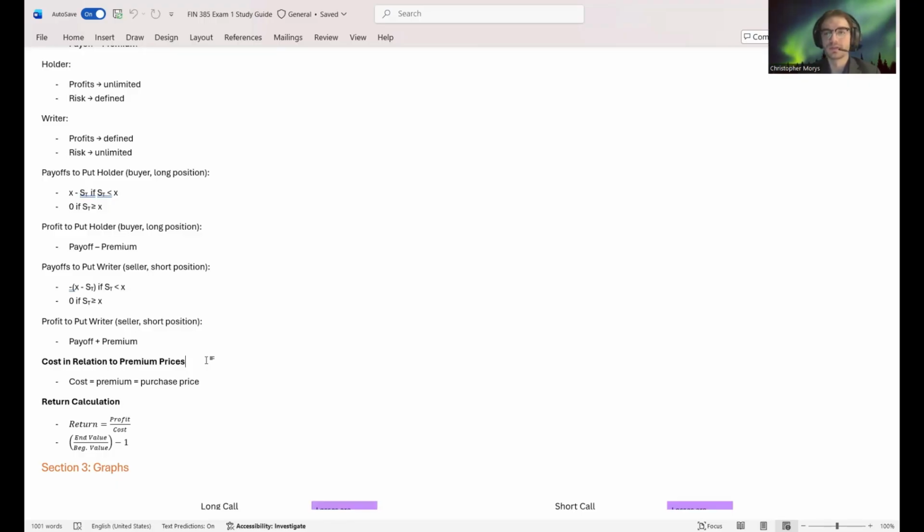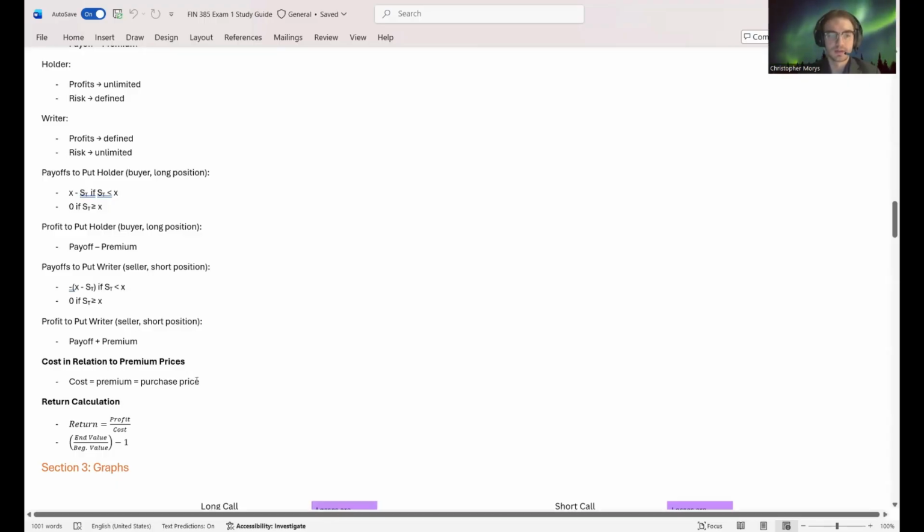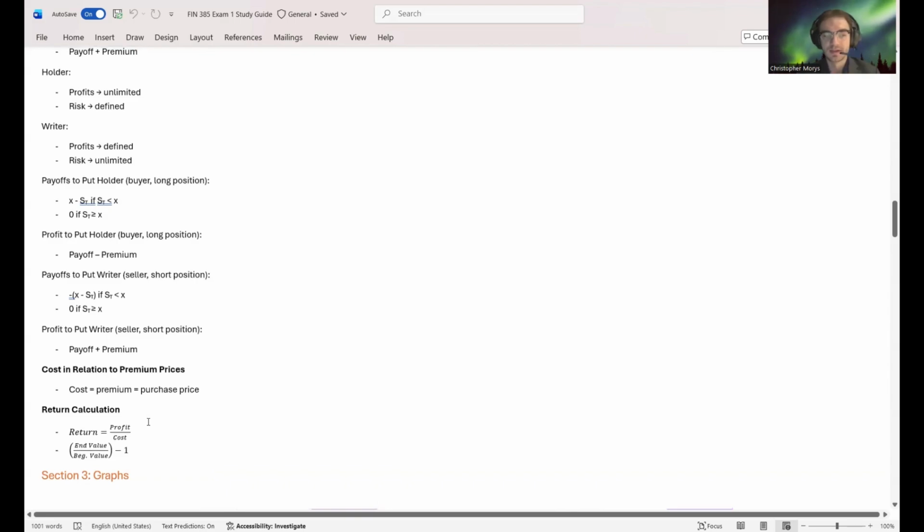There are three words that mean the same thing, especially in this case. And on the exam, you're going to have to be able to calculate your return. You could calculate your return by dividing profit by cost, or dividing end value by beginning value, and then subtracting 1.